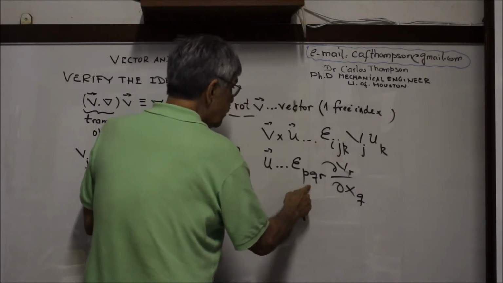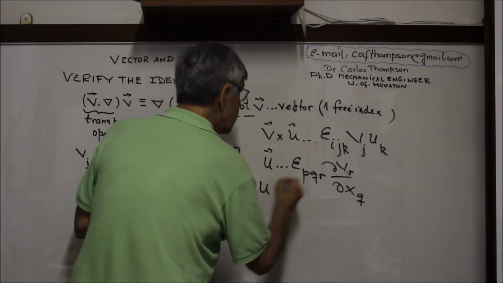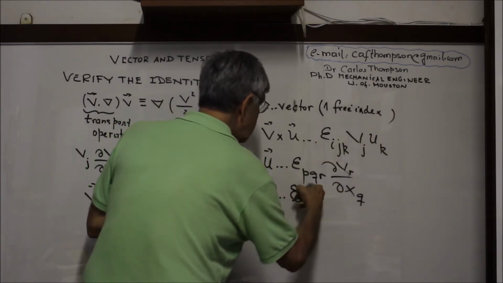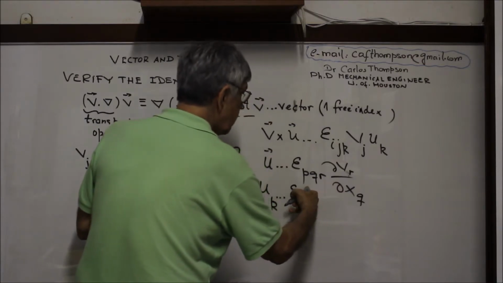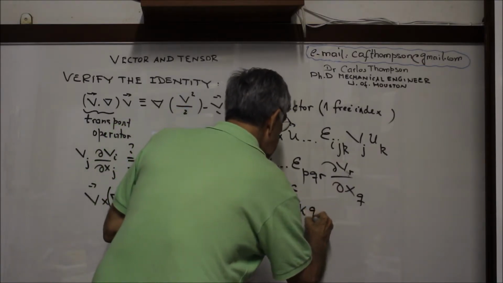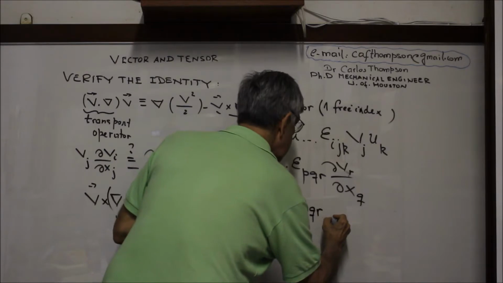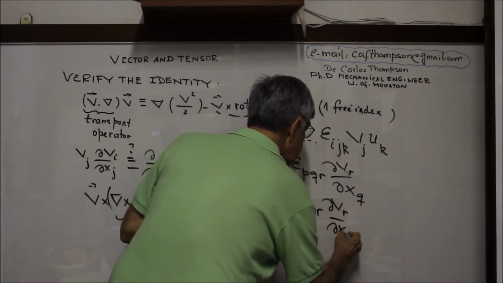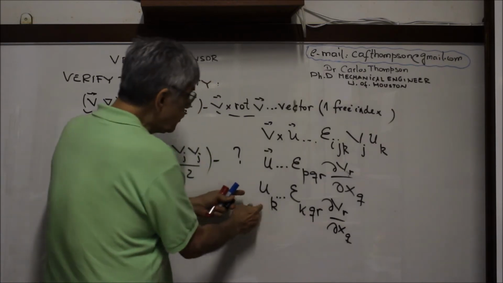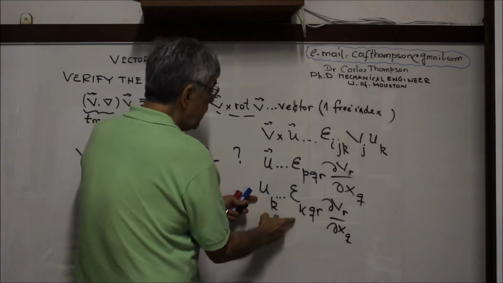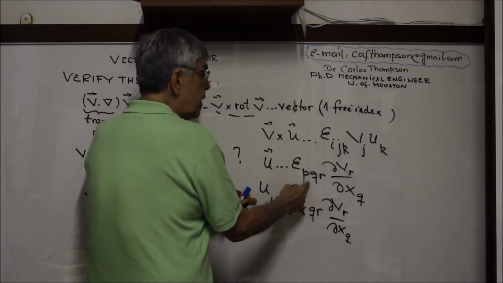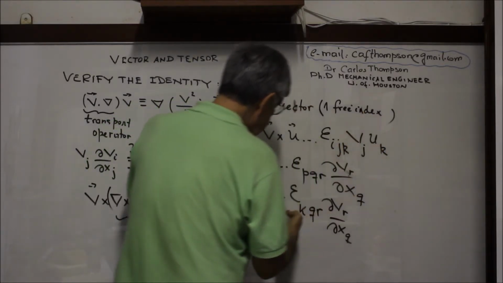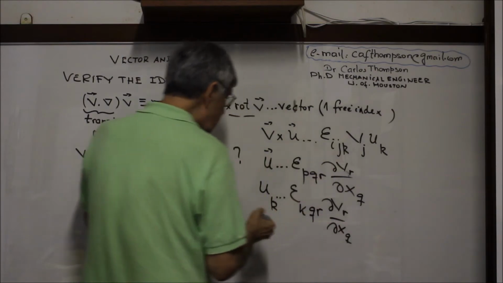It's P. So UK is epsilon K, Q, R, partial of VR with respect to XQ. I just changed the notation over here because P here is a free index. Now I have to substitute UK over there.